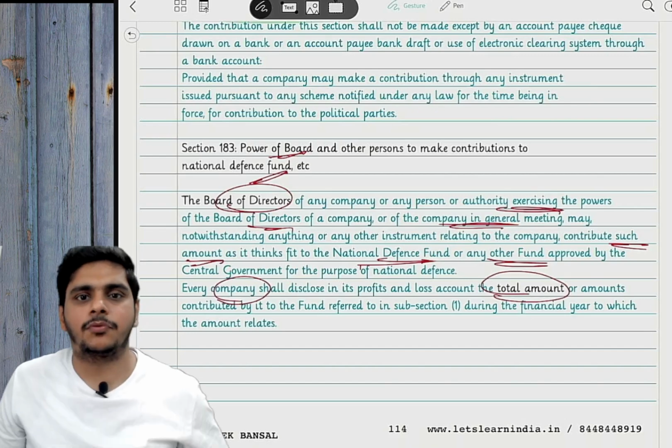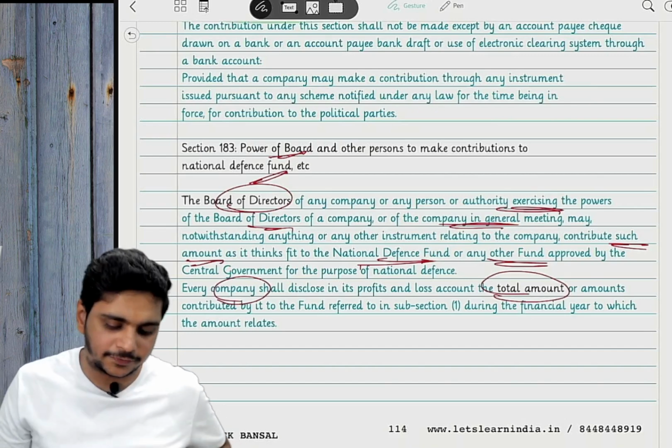Okay. Power of the board and other person to make contribution to national defense funds, etc.